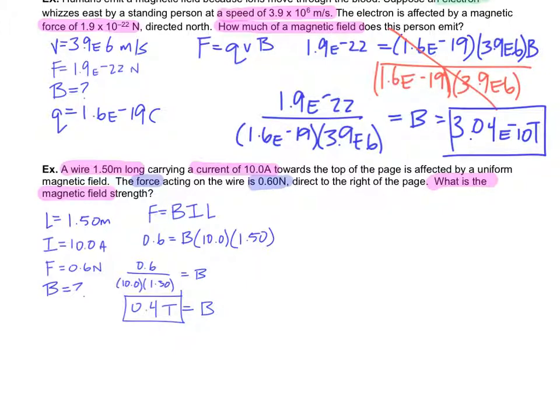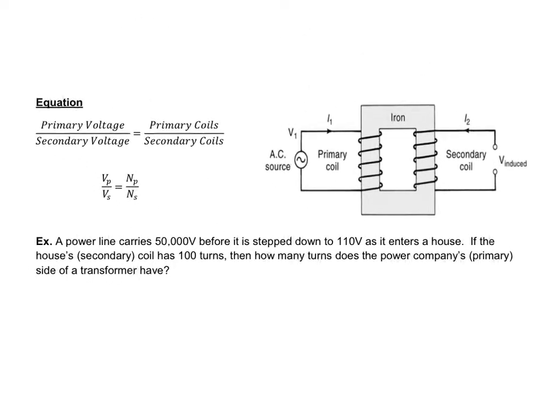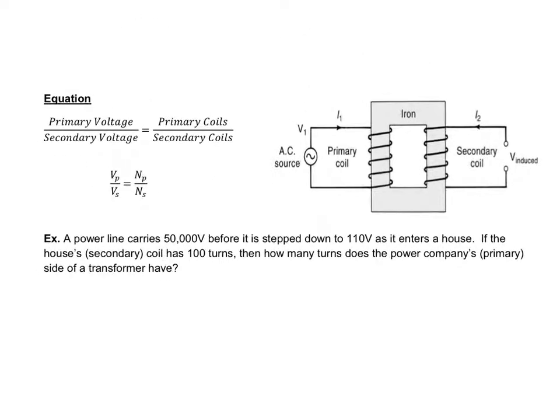All right, and let's look at our last. If I look at the right side here, here's our other equation, and here's an example of a transformer. A transformer can either increase voltage or decrease voltage depending on the amount of turns on a certain side of the coil.